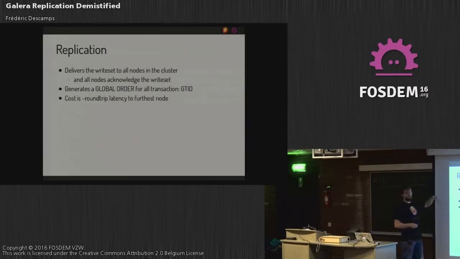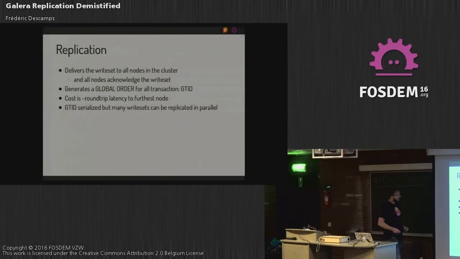And the cost is the round-trip latency to the furthest node. So if you have nodes, let's say in Europe, and one in Japan, the speed of the cluster will be the speed to reach that node in Japan and come back. Oh, it was fast, we were happy with this, we just moved one node to Japan, and oh, it's very slow, our application is slow. It's normal, because the latency there is much higher, right?